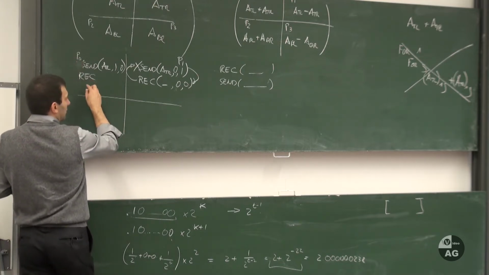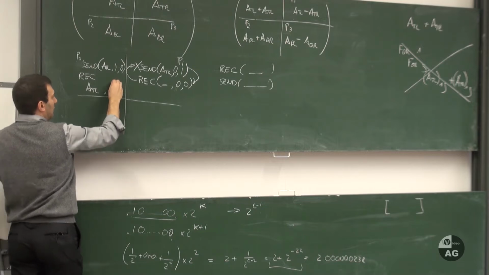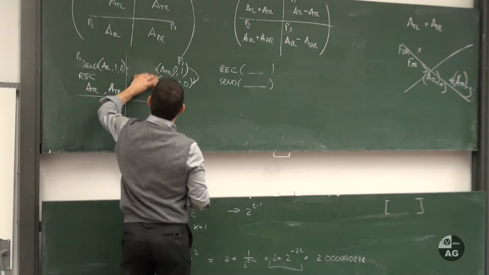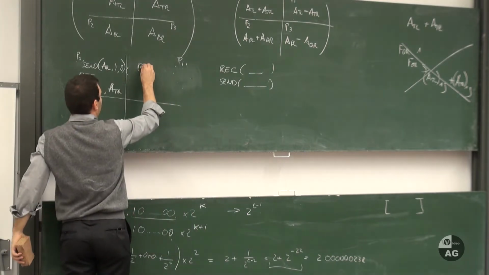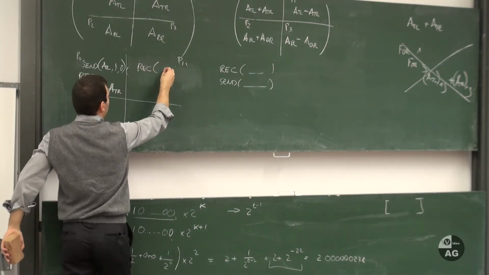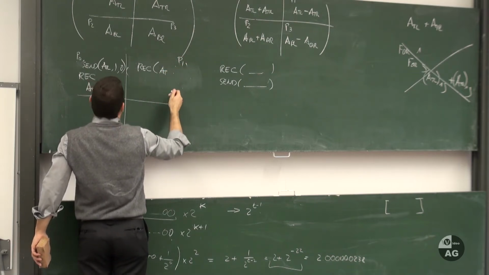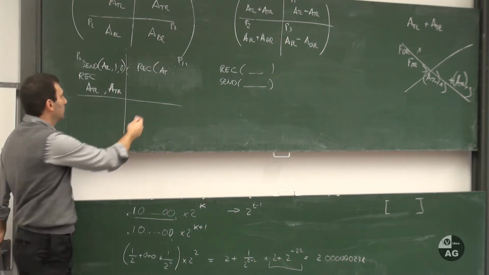So at this point, processor 0 finally has A top left and has A top right. So let me write it. Receive. I don't remember what the syntax of receive is. What do I put here?